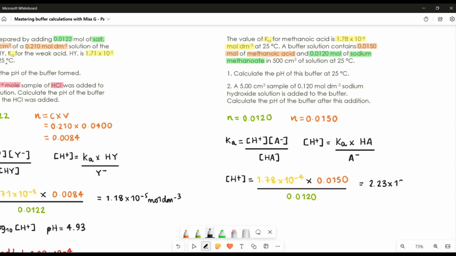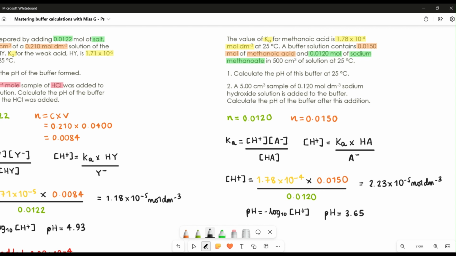That gives 2.23 times 10 to the minus 5 moles per decimeter cubed. And then pH is equal to minus log base 10 of the hydrogen ion concentration. So for 2 decimal places, the pH of my buffer is 3.65.